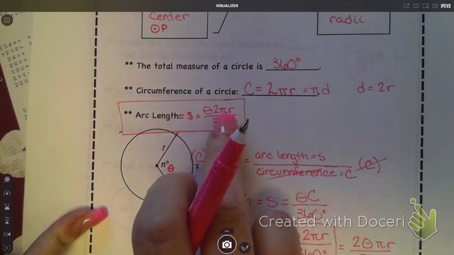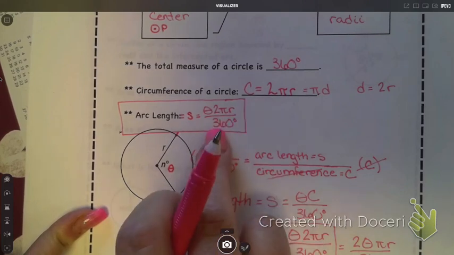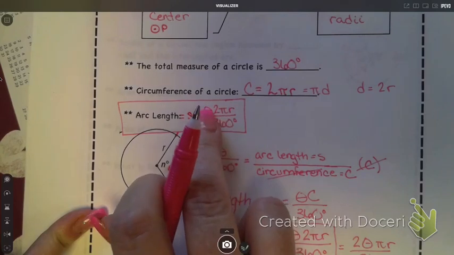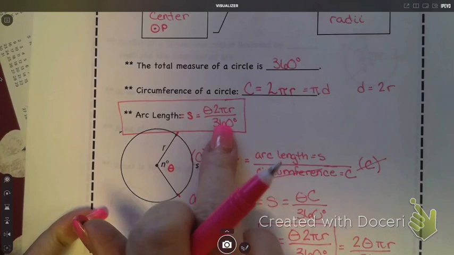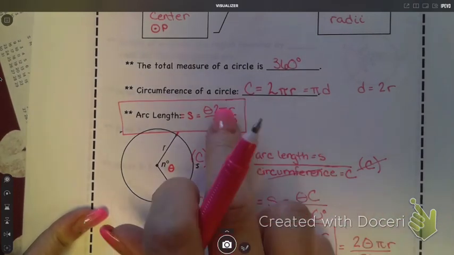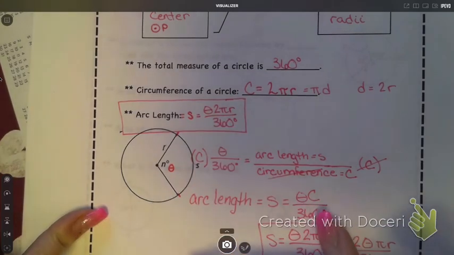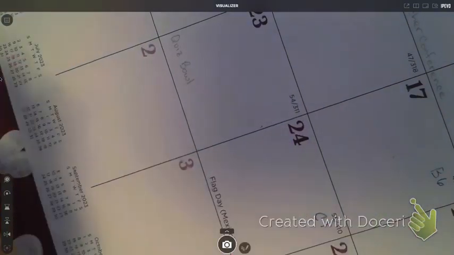So where'd 2 pi r come from? The circumference. And 360 came from the total circle. So we have the fraction of the circle, the theta to the 360 degrees, times the circumference. So we're never going to have to find this again, but we need to know that formula. Yes? And we did the first few examples using that.